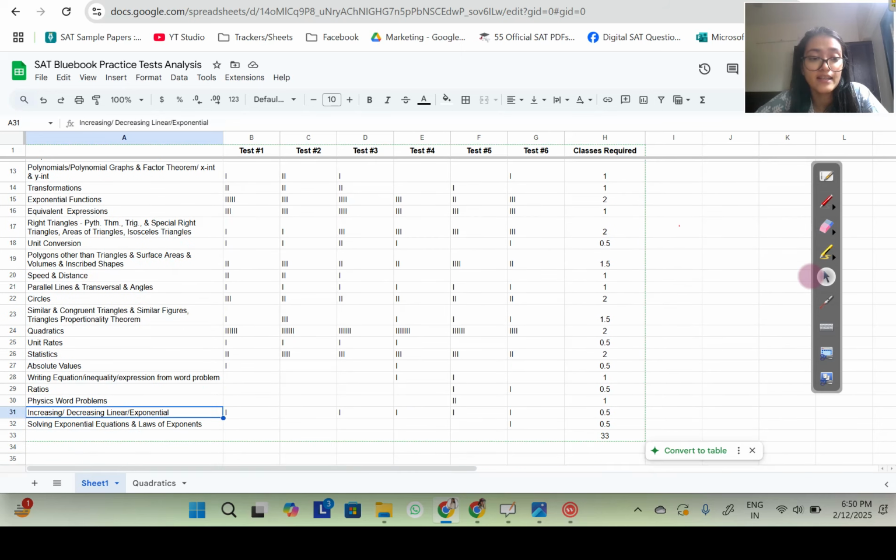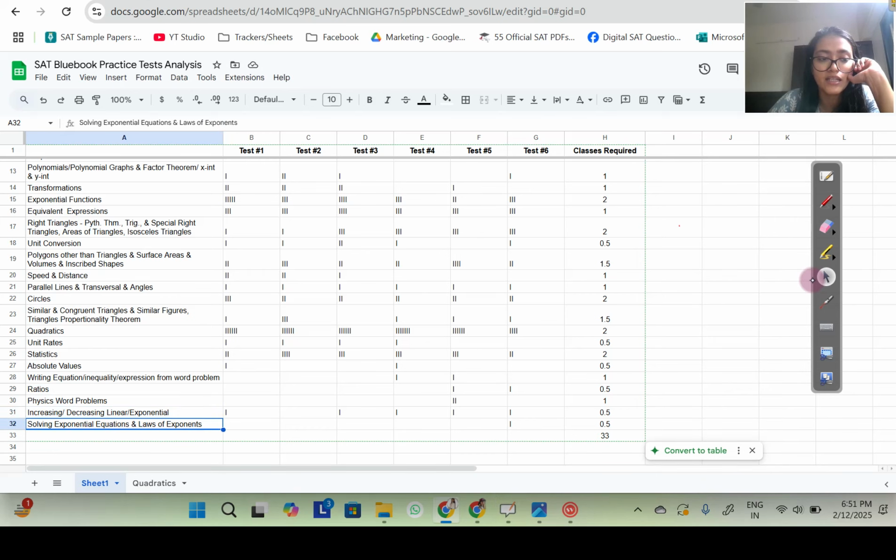And then, yes, I've also seen a problem in which they give you some situation, maybe some tabular data, some ordered pairs, or a word problem, and you have to identify whether the function represents increasing linear, decreasing linear, increasing exponential, or decreasing exponential.